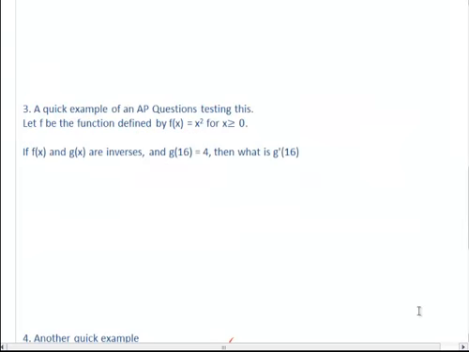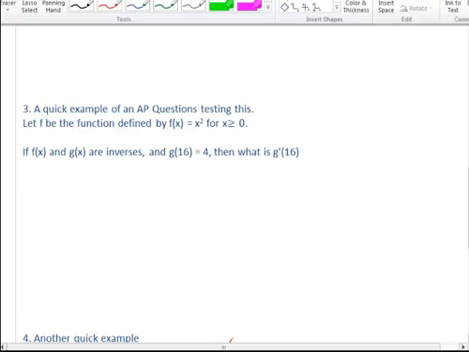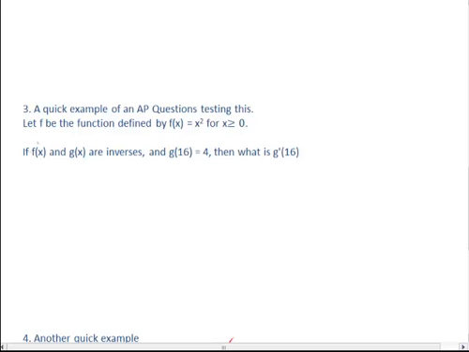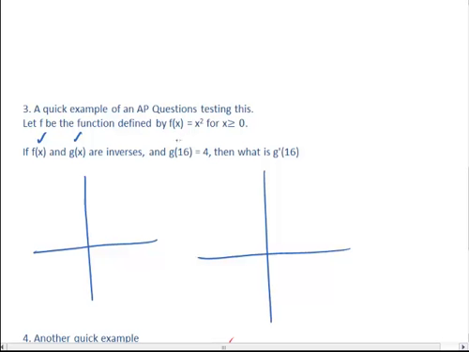So let's review this one more time. They tell us that f and g are inverses. They give us a point of the inverse function at (16, 4). We know that this is a parabola, but we're going to pretend we don't know the function.